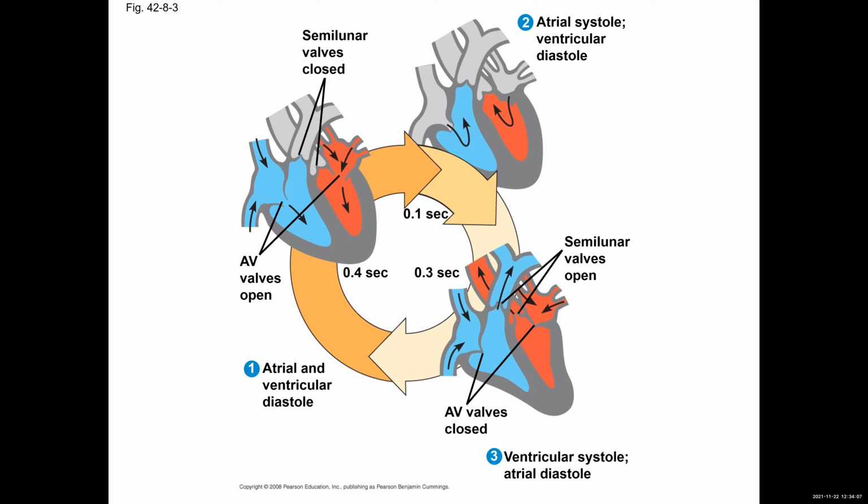It's going to prevent backflow. It's going to push against the semilunar valves. They're going to open, right? But then there's going to be a high pressure of this blood that just got pumped on the other side of the semilunar valves, and that's going to close them from the far side. That's going to allow the ventricles to fill.